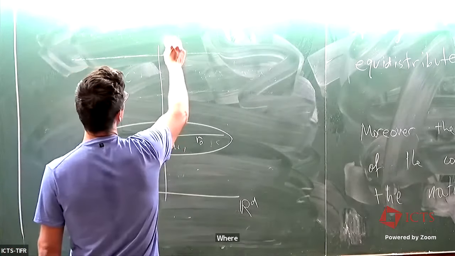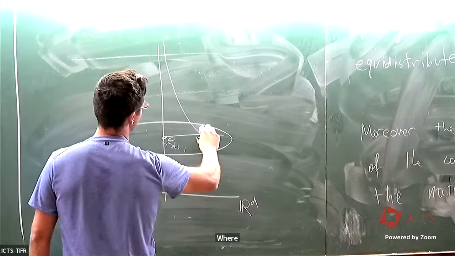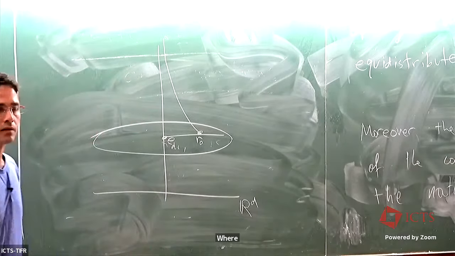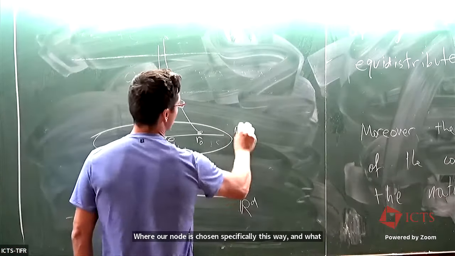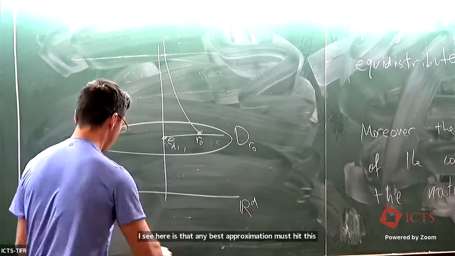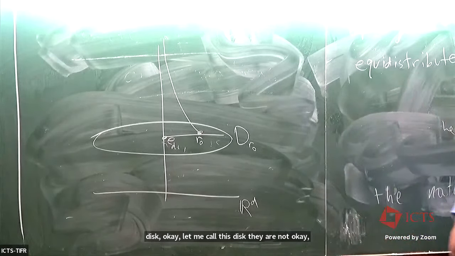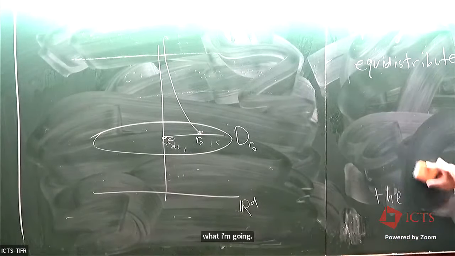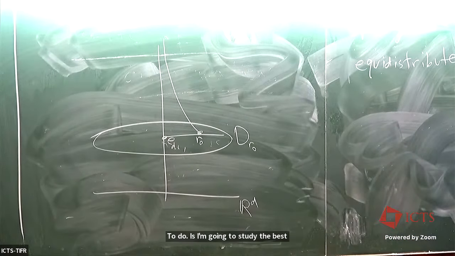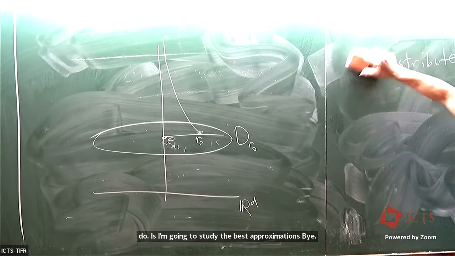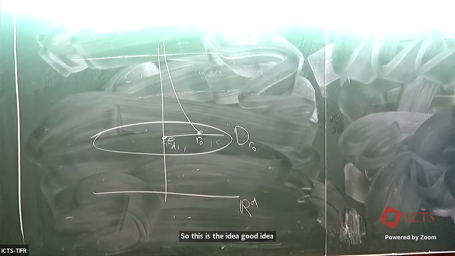And what I see here is that any best approximation must hit this disk. Let me call this disk D_{R naught}. So what I'm going to do is study the best approximations by, so this is the idea of the proof, or one of the ideas in the proof.